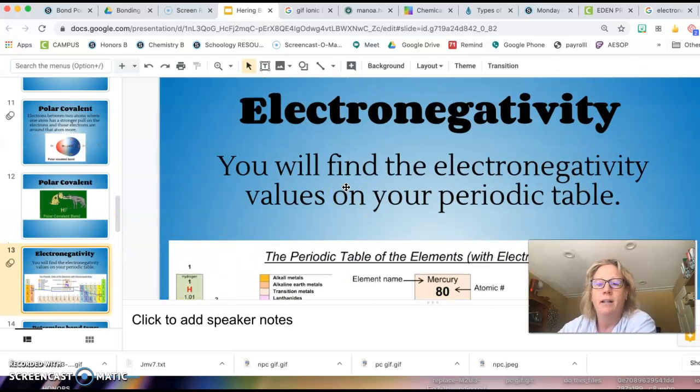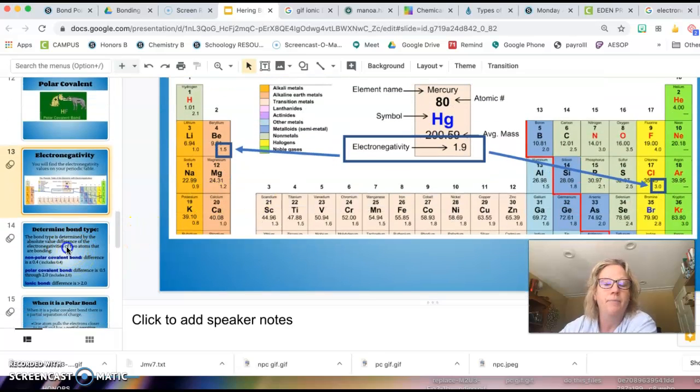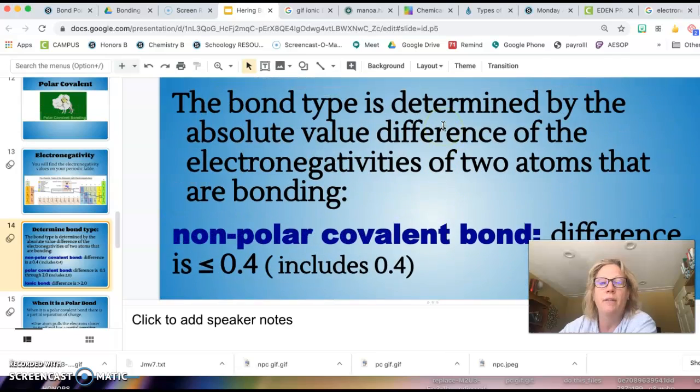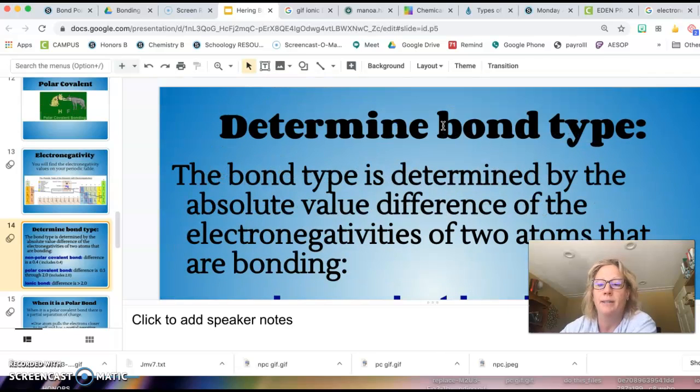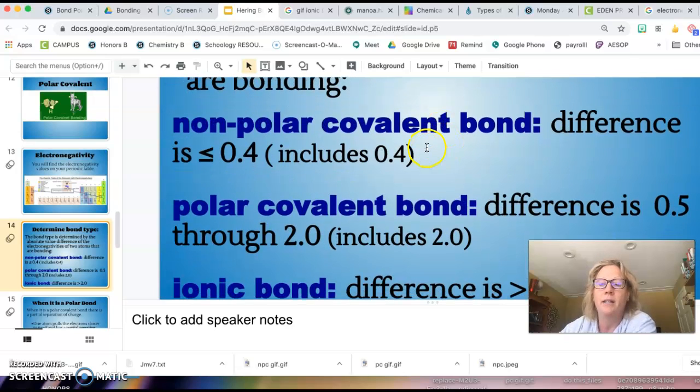Like I said, the electronegativity values are on your periodic table, and we can figure out what kind of bond it is based on the numbers. We look at the electronegativity values and subtract them. If the difference is 0 to 0.4, it's considered nonpolar covalent, which means they're sharing equally.